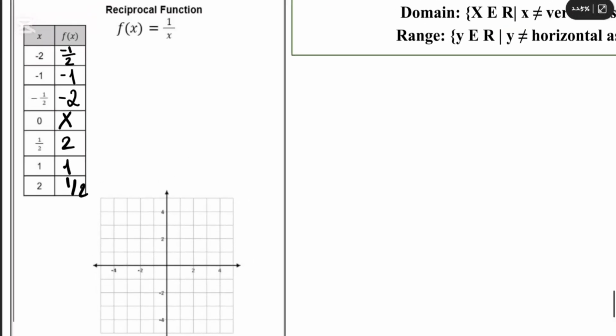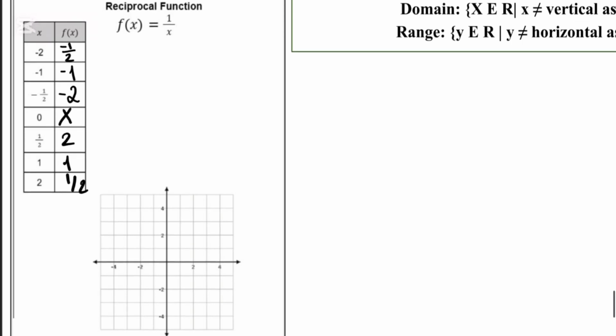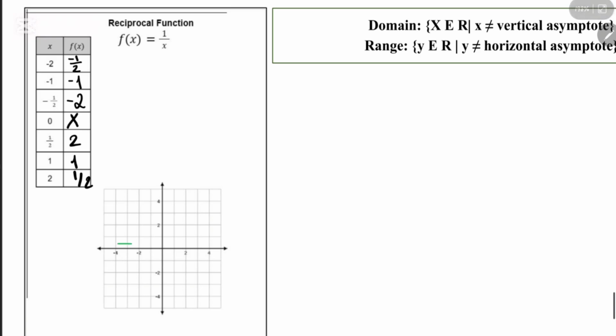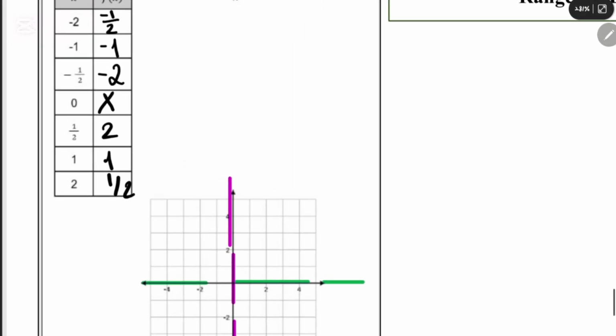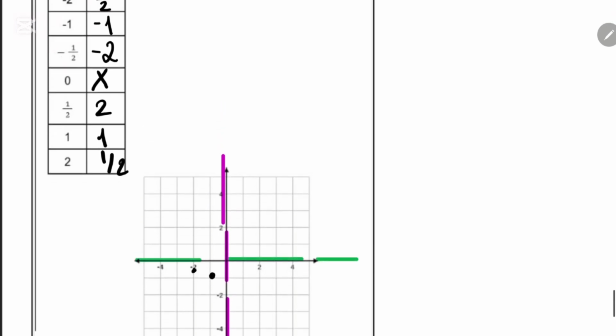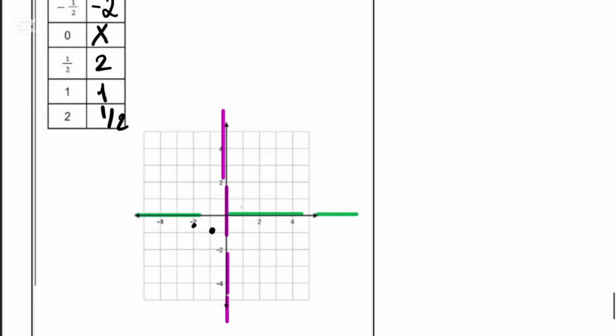I'm going to draw something called an asymptote. An asymptote is essentially a value that a function approaches but never actually reaches. I'm just going to draw it first, and then I'll graph it and you guys can understand what I'm saying. So let me just graph this. -2, -1/2, 1/2, 2.